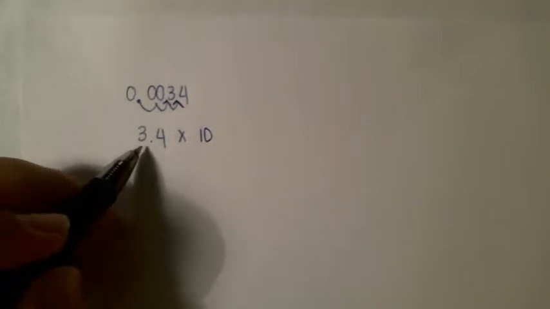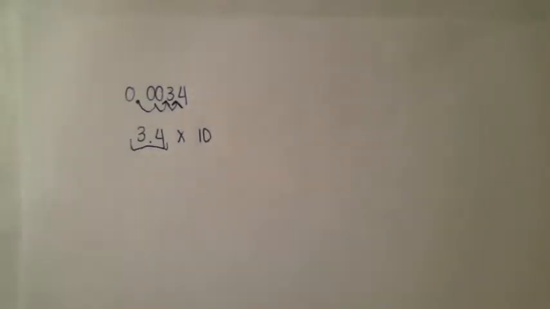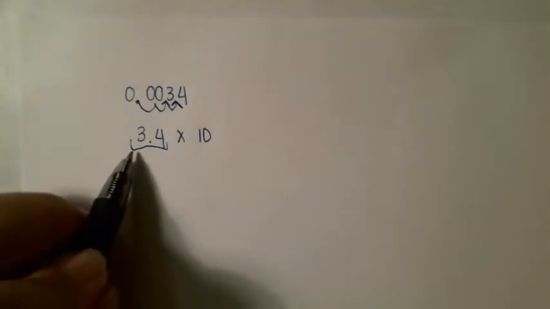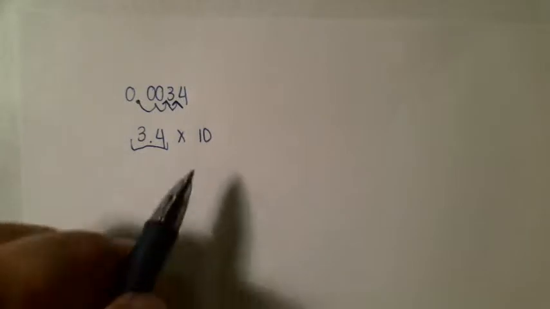Okay, we want one non-zero digit in front of the decimal point. Okay, this coefficient needs to be between 1 and 10. Currently it's 3.4, so we're good. Times 10 to the power of.